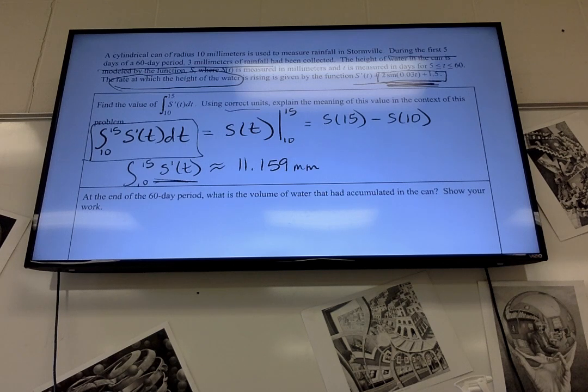So 11.159 millimeters is the amount of growth over 5 days of the water level. Or you could say height, but that works. The water grew from day 10 to 15.